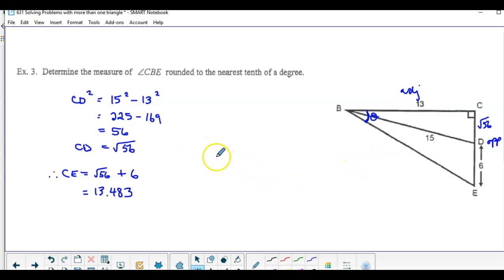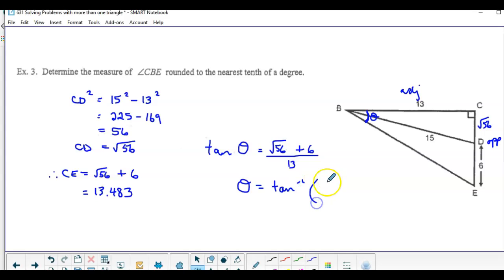So that's tan. So tan of theta equals, now if you want to keep it exact, you can go root 56 plus 6, that whole opposite side, over the adjacent, which is 13. So to get theta by itself, it's inverse tan.